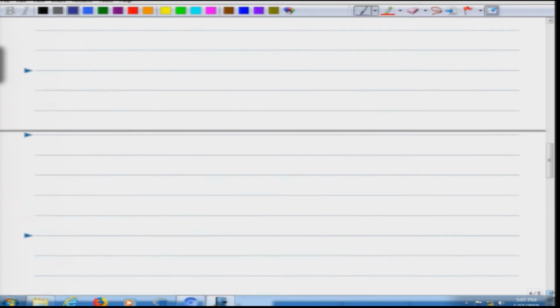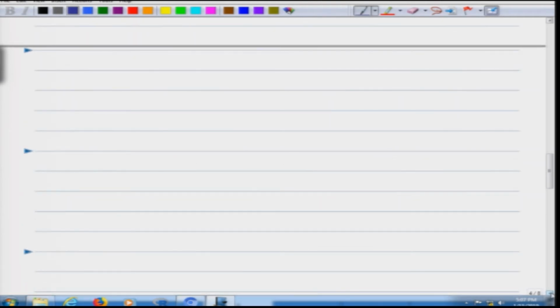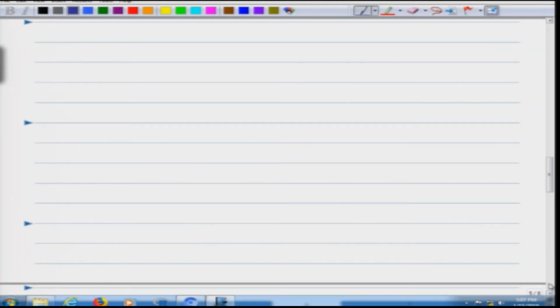Now, the third kind of planes and directions which are important with respect to the HCP system are the pyramidal planes. So, what is this pyramidal? As the name suggests, it is inclined, pyramid-like.